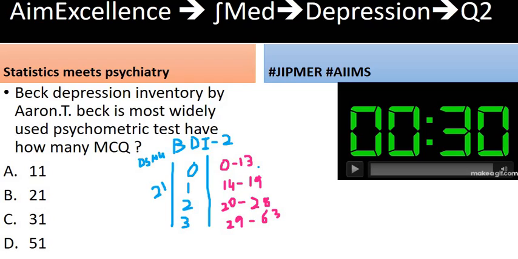So the four categories are minimum, mild, moderate, and severe. If all the questions have 3, the maximum score is going to be 63. So 21 questions are there, and it is filled in by the patient themselves.